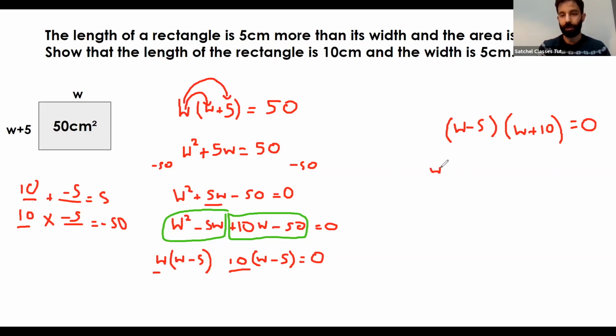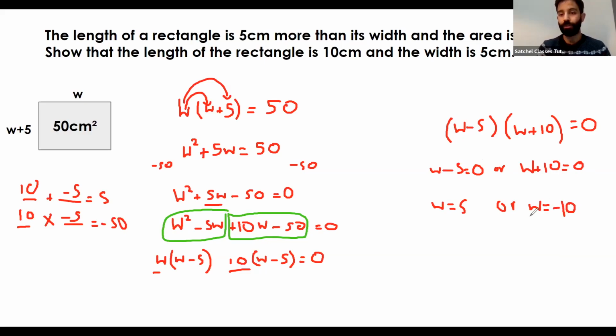So we can say w minus 5 is equal to 0, or w plus 10 is equal to 0. Therefore, if w minus 5 is equal to 0, w has to be equal to 5. Or if w plus 10 is equal to 0, w will have to be equal to minus 10.